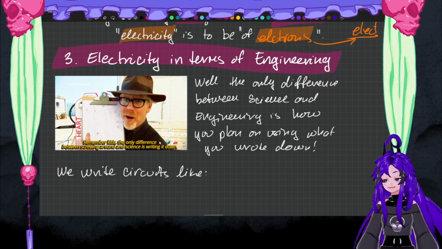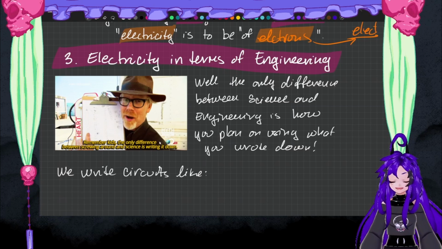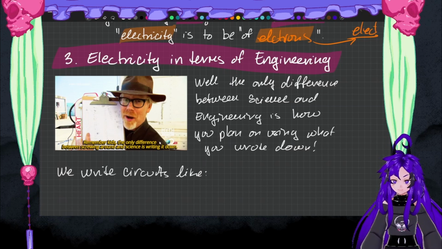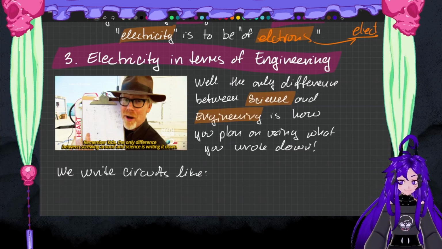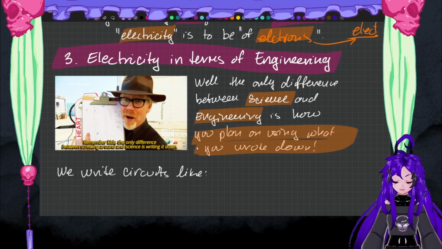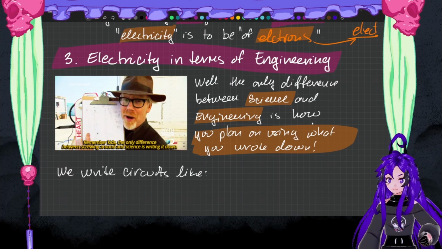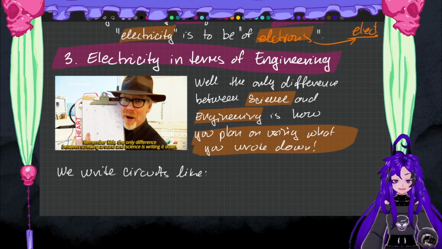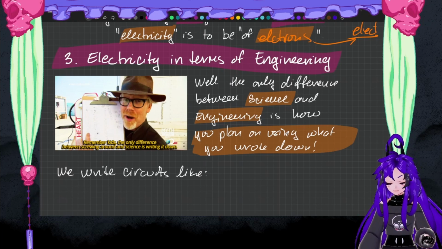The only difference between screwing around and science is writing it down. It's the scientific method, right? Well, the only difference, at least in my humble opinion, between science and engineering is what you plan to do with it after you write it down. Did you learn this to share it with the world, or did you need to build something tomorrow that does something with it? That is my experience with engineering, at least.